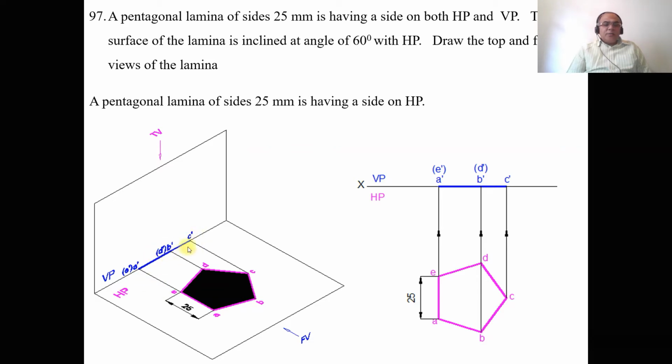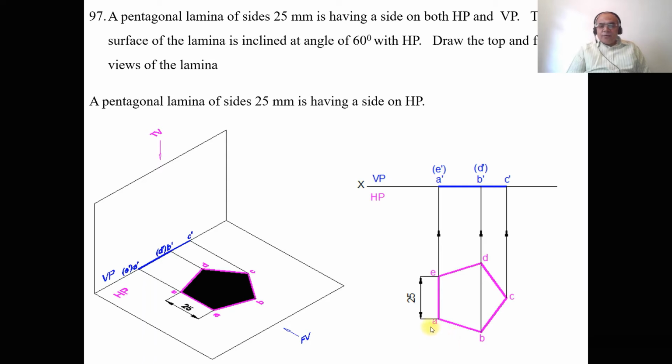Since it is perpendicular to VP, that is the surface is 90 degrees to VP, obviously you are getting a line in the vertical plane. So this is the orthographic view of the first position, wherein the side is perpendicular to VP and we have drawn a pentagon ABCDE.